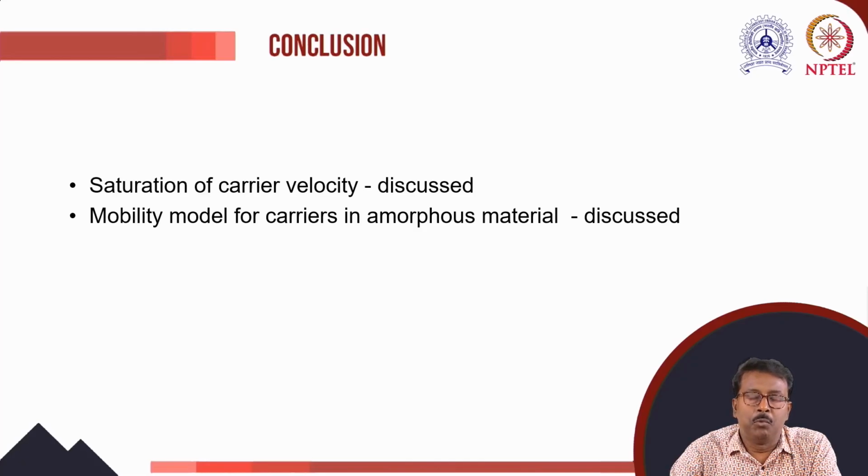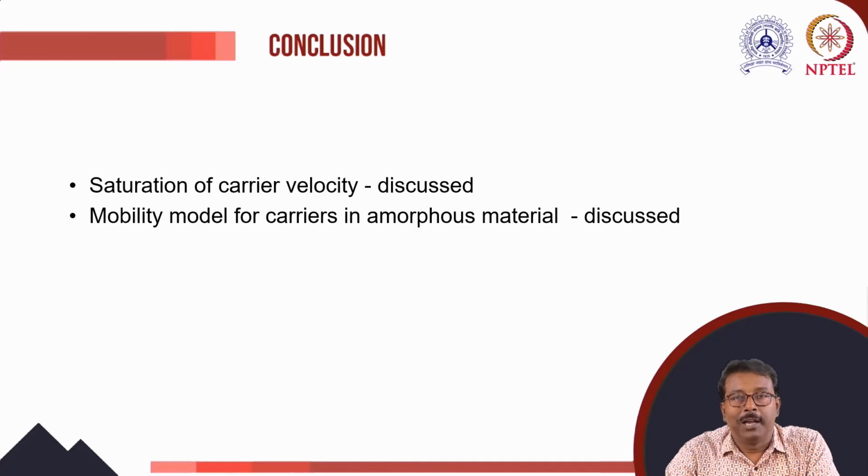So more scattering of high energy carriers is responsible for this saturation. For silicon, saturation velocity is observed, and it can also be modeled by the formula root over 3kT by m star. For silicon, the value is in the range of 10 to the power 5 meter per second, or 10 to the power 7 centimeter per second.